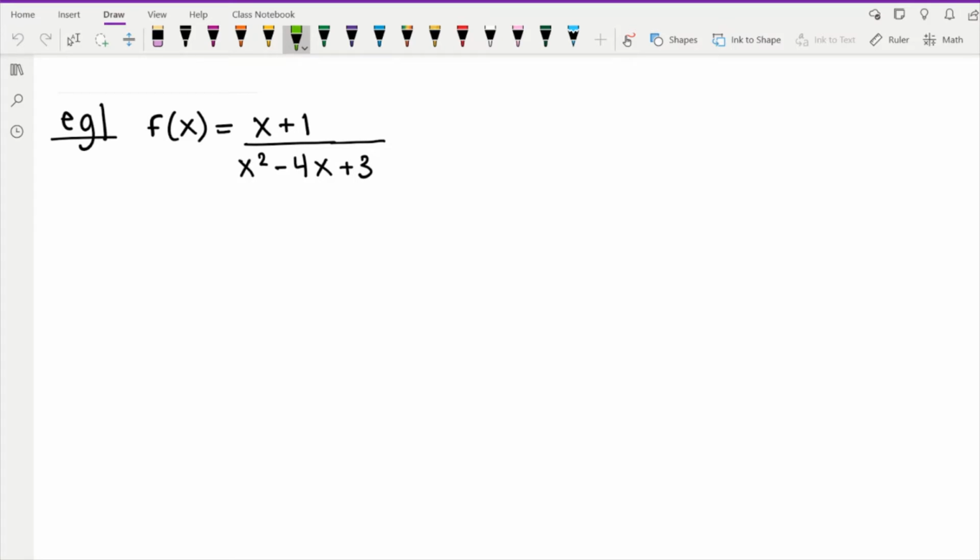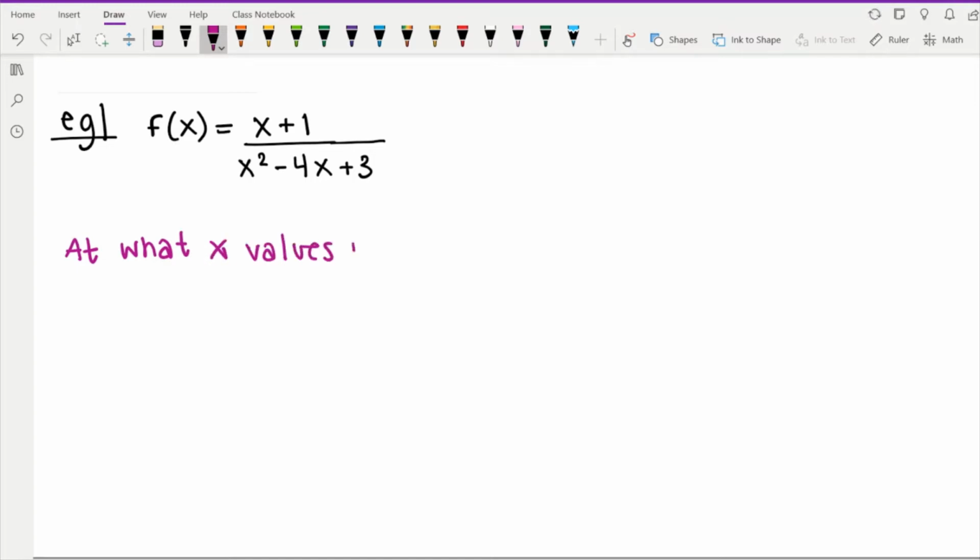So the first thing I want to do is figure out, what are the places that this function is undefined? So at what x values is f of x undefined? If we take our denominator and set it equal to 0, that will tell us what's going on.